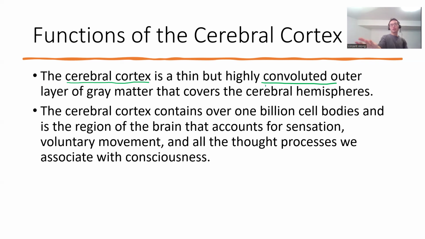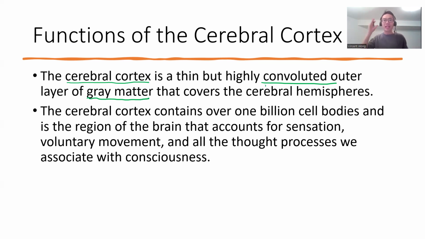The best way to help you visualize this is to think of a watermelon. If the watermelon is the brain, then the green part, that's the cortex. It's very thin compared to the meat, the red part. The red part here would be the inside, the white matter. Okay, so the cerebral cortex is what consists of the gray matter.